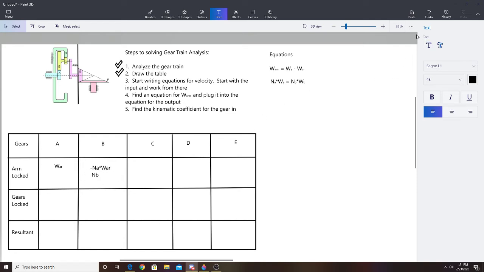So now we have to move to the second one, or the gear C. So gear C's velocity can be done by just taking, it's the same velocity as gear B because they're attached on a shaft here, right? And so since they're attached on a shaft, it means gear B and C have the exact same velocity. So you write it as the exact same.